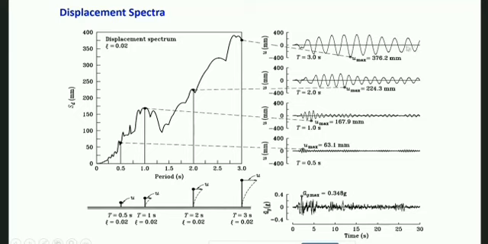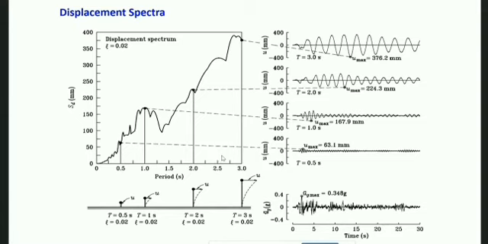So that way, if we take the maximum of these values and plot it, we will get a curve like this. Of course, there will be sporadicity, that means ups and downs, because it is of random nature. But the overall trend is that with the increase in period, the displacement will increase.